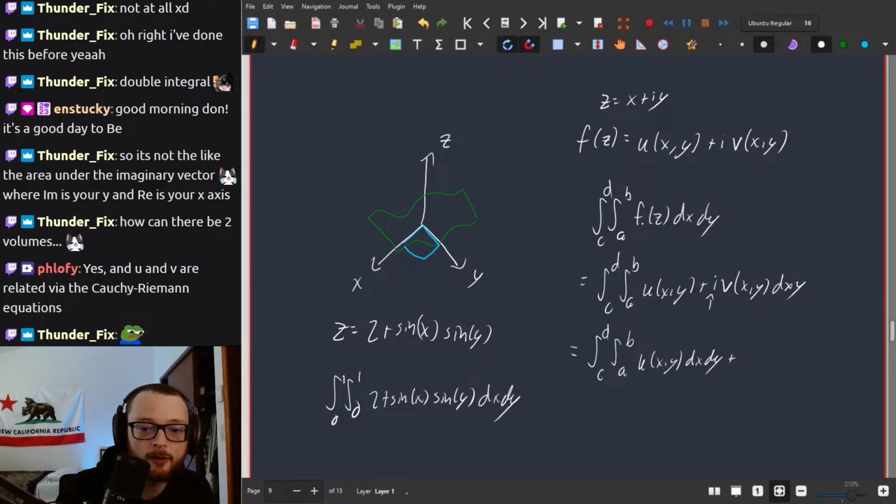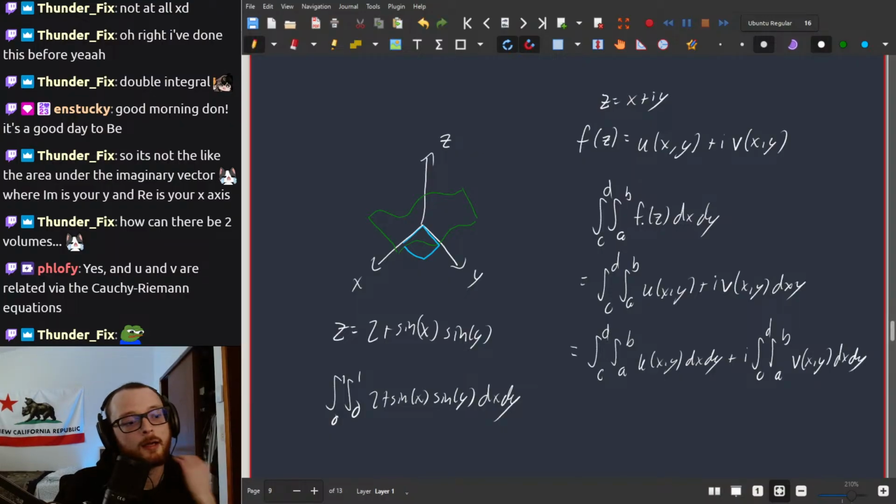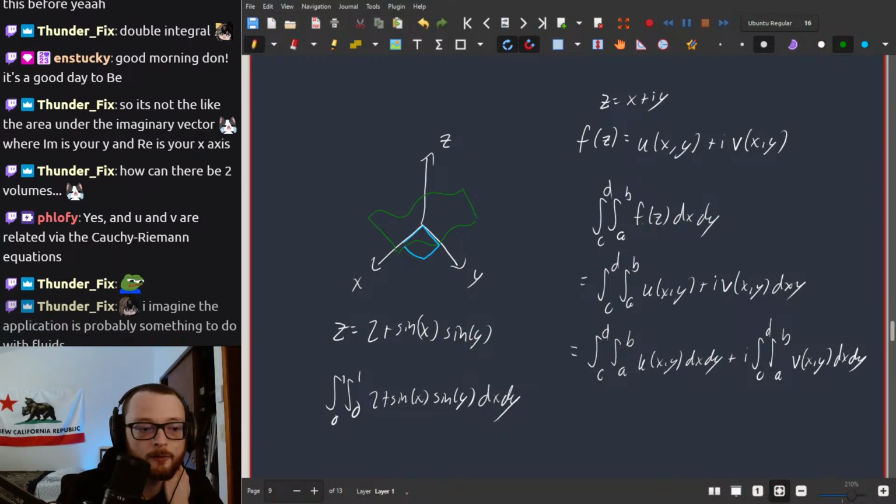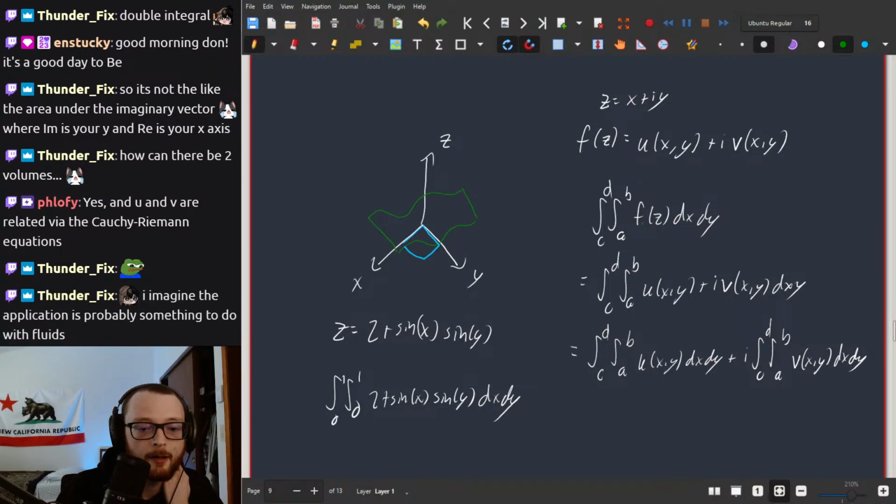And i is just a coefficient, so it can come outside of the integral. So we now have a volume under the surface of the real part of f and a volume under the surface of the imaginary part of f.